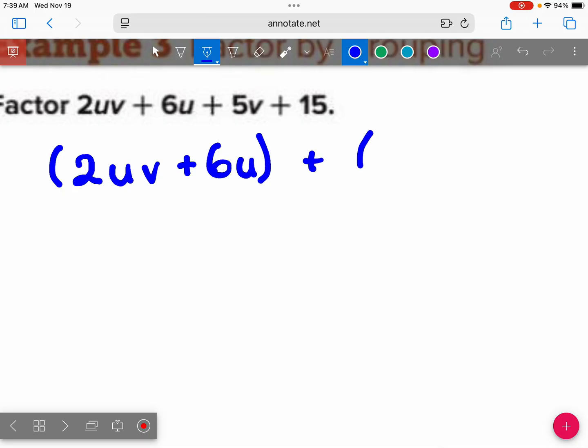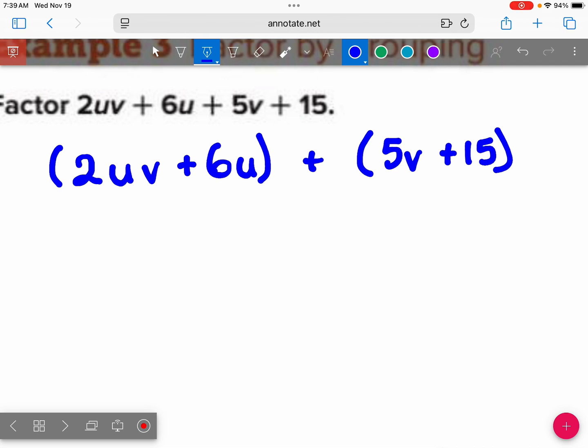And I'm going to also put my 5v plus 15v. When we're splitting these up by grouping, we always want to have a plus in between right here. If this guy has a minus sign, pull it in right there. So we always want to put a plus in between our parentheses.